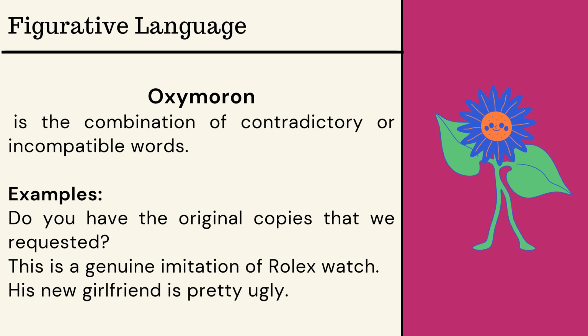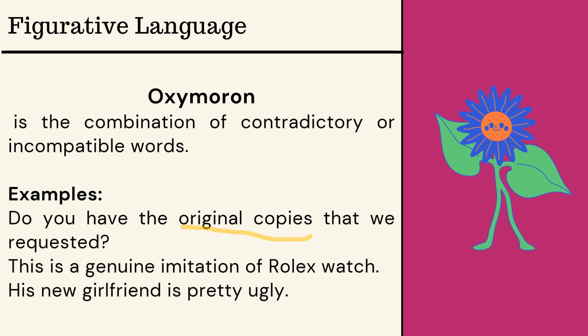Oxymoron is a combination of two contradictory words, meaning a combination of two words that are complete opposites. For example, do you have the original copies of what we requested? So the oxymoron here is original copies. Contradictory, incompatible words, but working just right because we get this original copies.